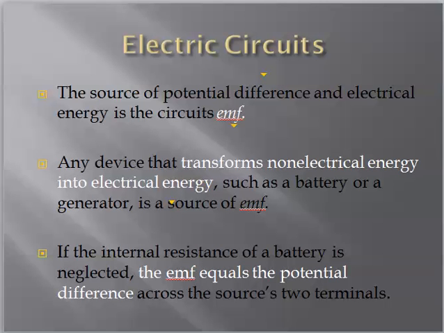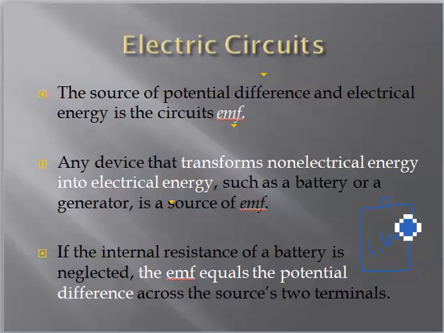If the internal resistance of a battery is neglected, the EMF equals the potential difference across the source's two terminals. A battery, for example, has some internal resistance. So let's just use a regular battery here. Inside the battery, we might be able to say there is 1.6 volts.